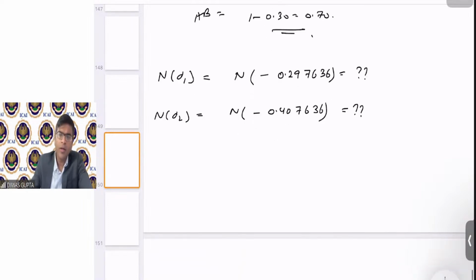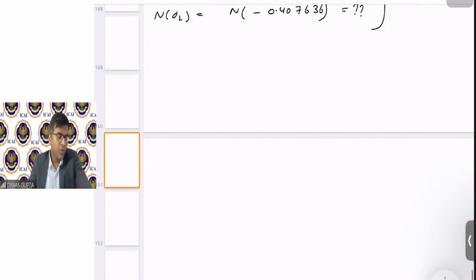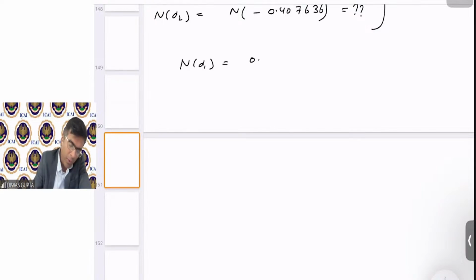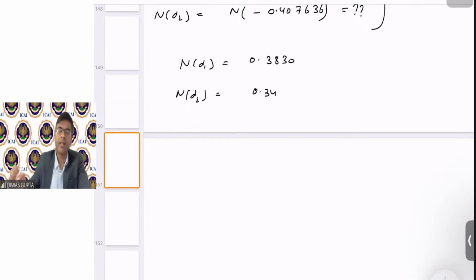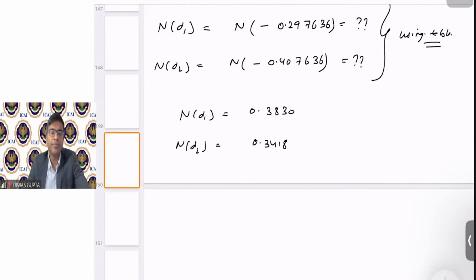So again, I am not calculating using the interpolation technique; all of you can try that at your end, because in all three parts we will have to calculate ND1 and ND2. So I'm just writing the ND1 and ND2 values. ND1 will be 0.3830, and ND2 will be 0.3418.